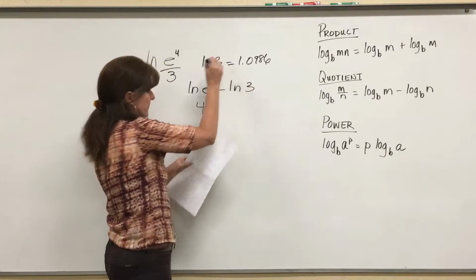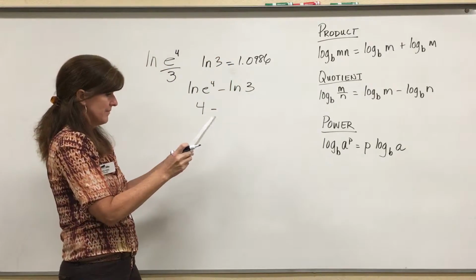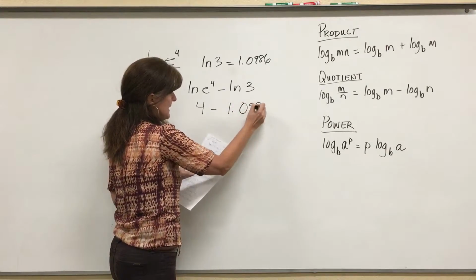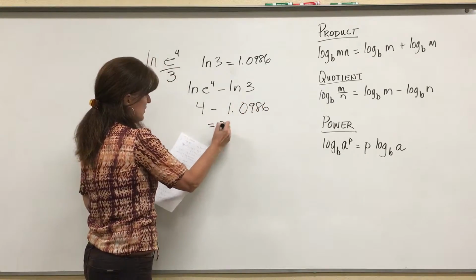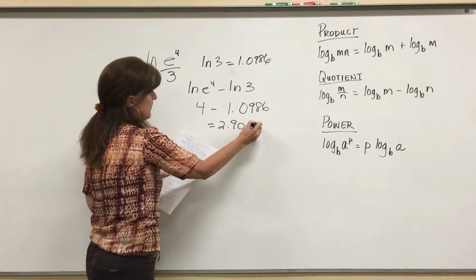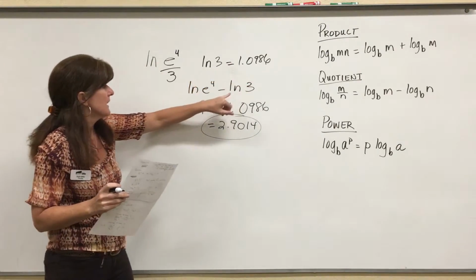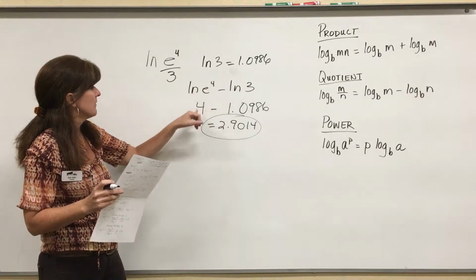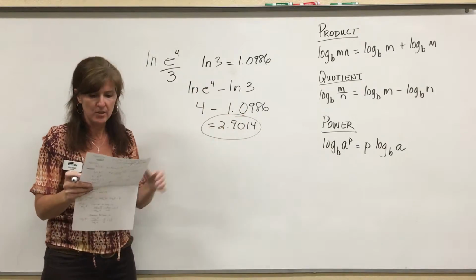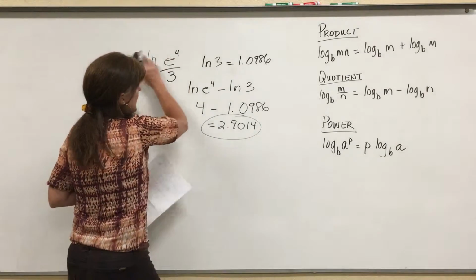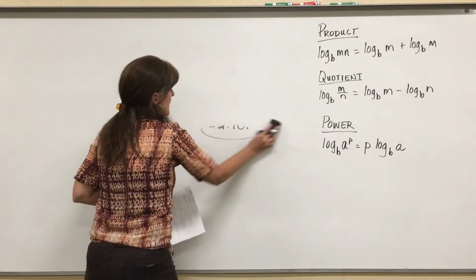This should be natural log of 3. So that should be 4 minus 1.0986, and that equals 2.9014. So natural log of 3 is this, and 4 minus that equals this, and that's your answer for that example. Okay, so that's just rewriting it.